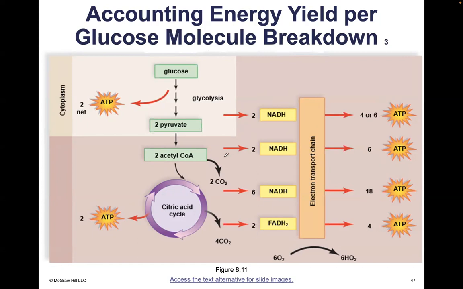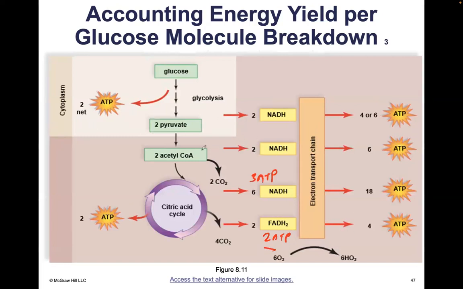I told you before that 1 NADH produces 3 ATPs because it's more energized than FADH2, and 1 FADH2 produces only 2 ATPs because it doesn't have that much energy.